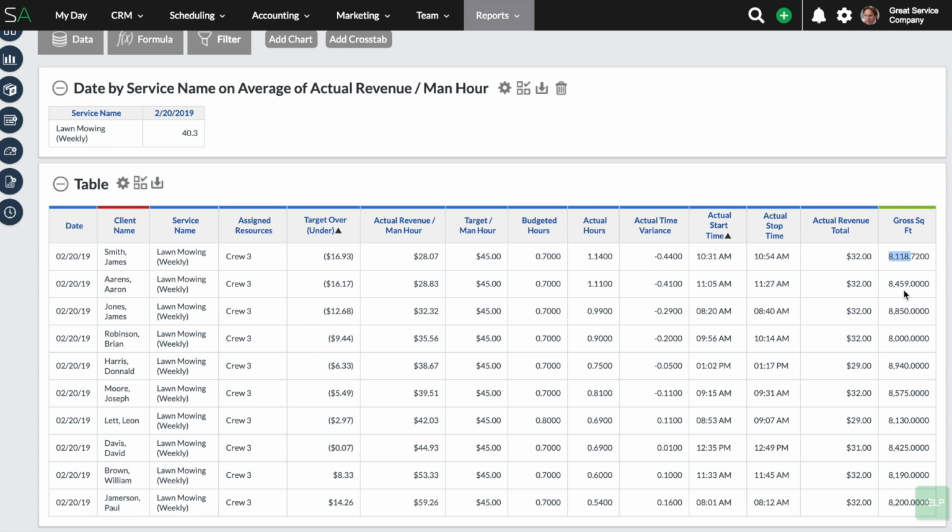I can look at what my average pricing is for 7,000 square foot lawns versus 8,000 versus 9,000 square foot lawns, and figure out where my sweet spot is. Maybe there's a certain size, like 10 to 11,000 square feet, that I'm underpricing. Or maybe my sweet spot is 7 to 8,000 and 8,000 to 9,000. I want to figure out what neighborhoods have tons of those properties and go get lots more of those.